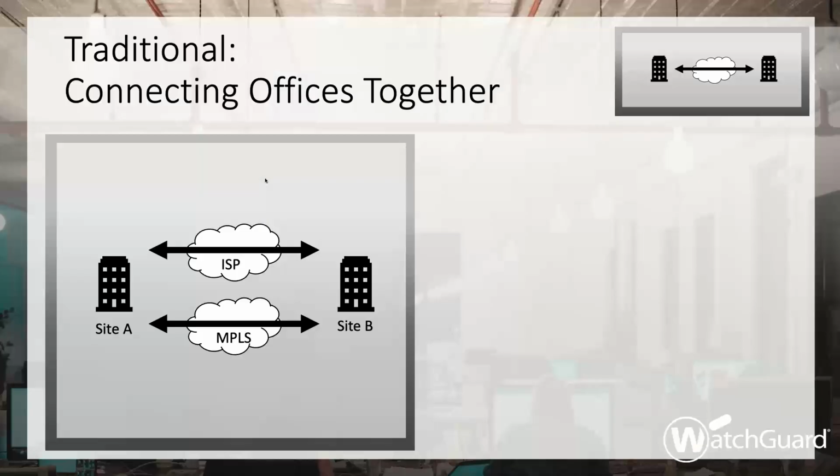And so has the SASE industry really changed that view? We'll talk a little bit more about that. So let's dive into each of these four deployment scenarios a little bit deeper. The first one is this idea of connecting traditional offices together, right?